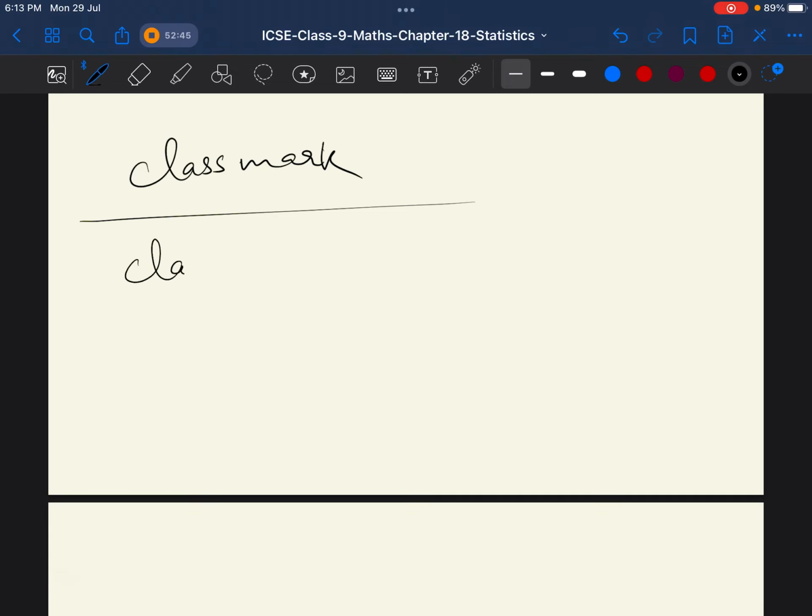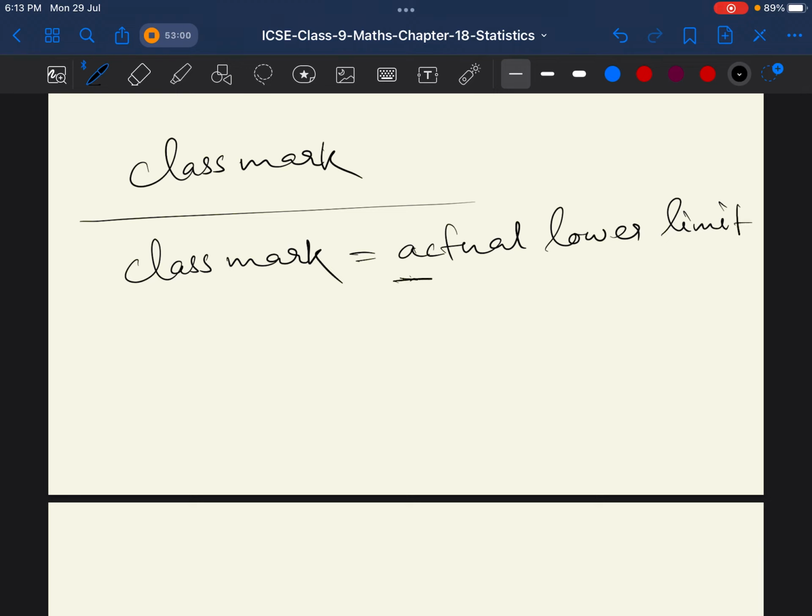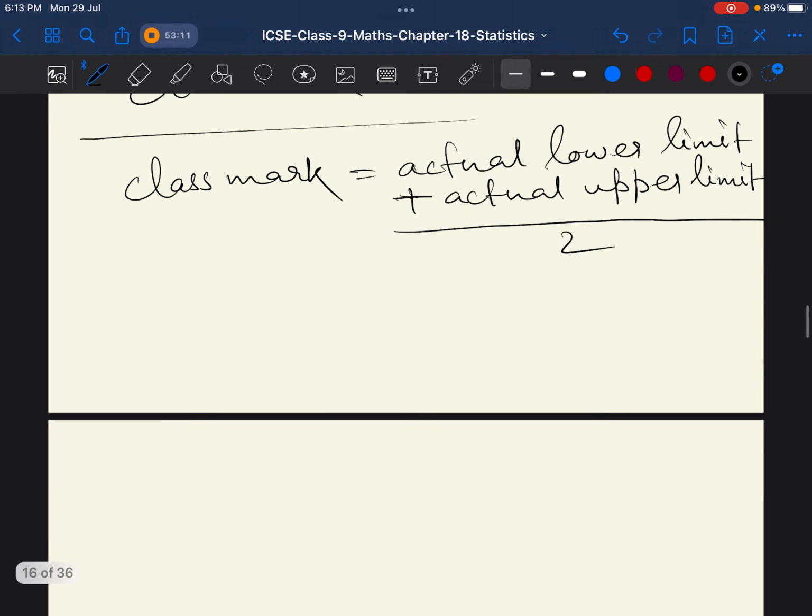So class mark equals actual lower limit plus actual upper limit by 2.